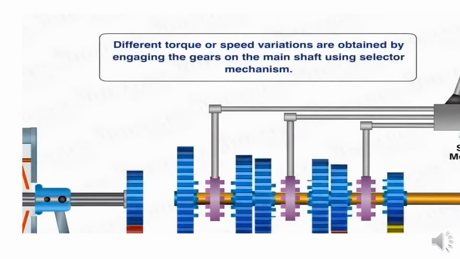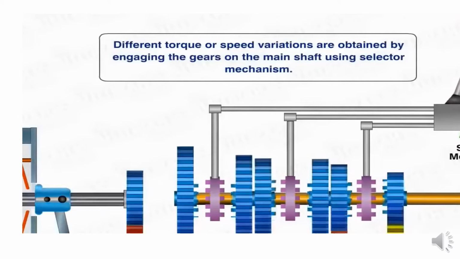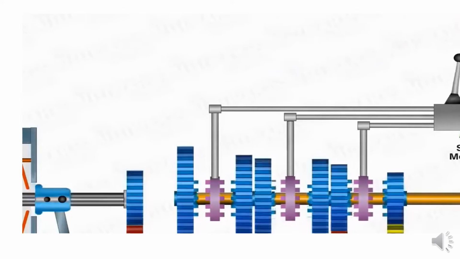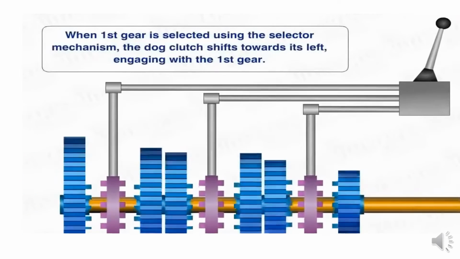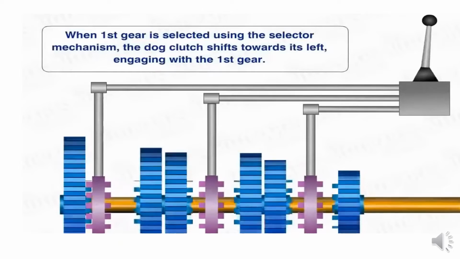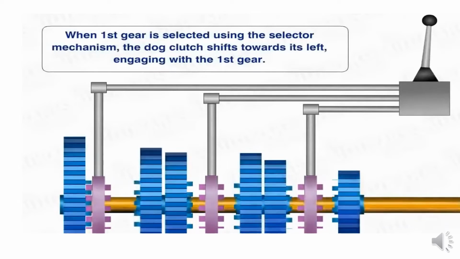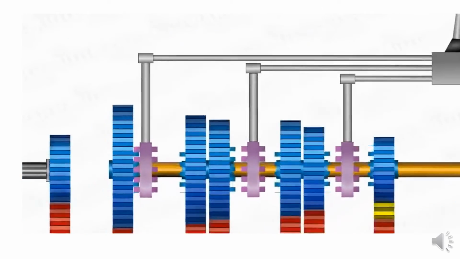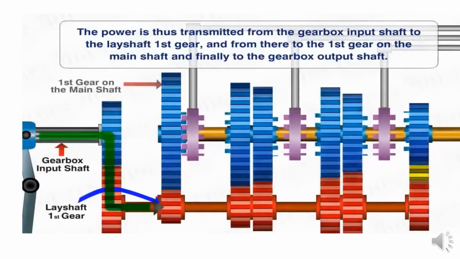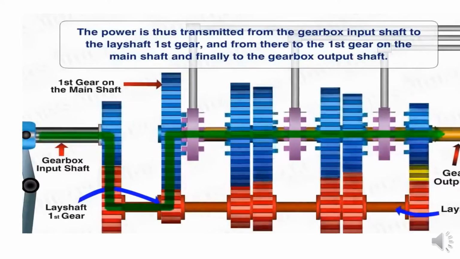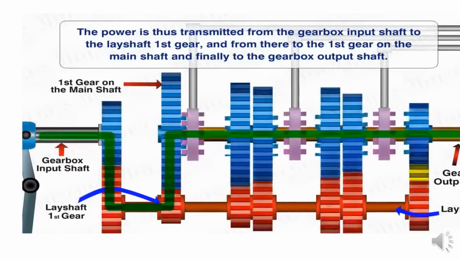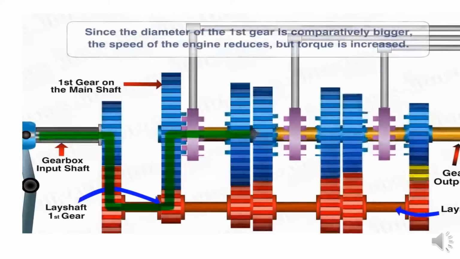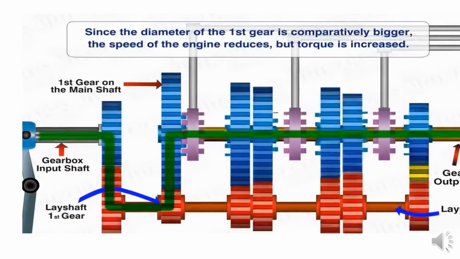See the gearbox. This is called the main shaft. This is the counter shaft. This is one type of constant mesh gearbox, right? All the gears are constantly engaged.